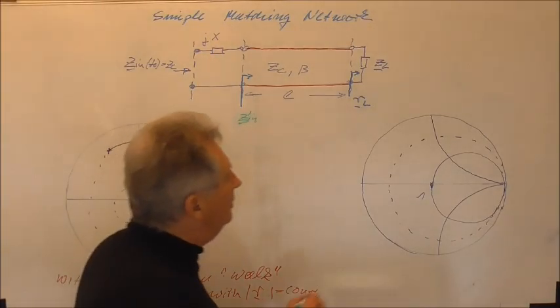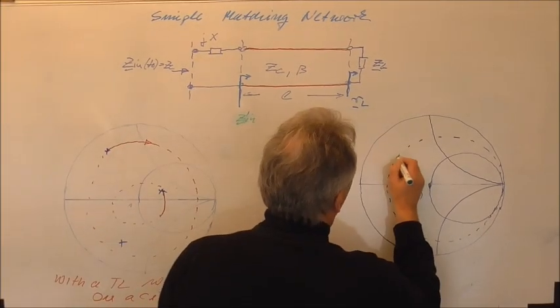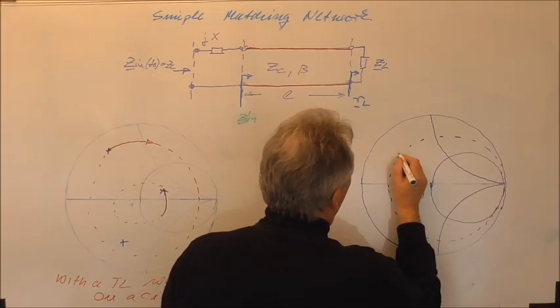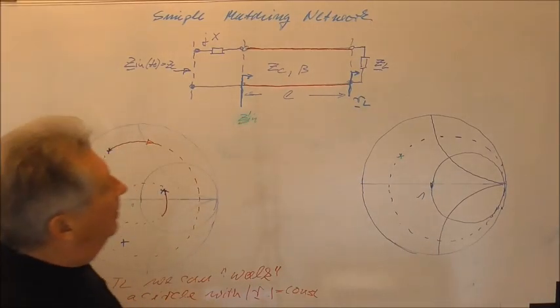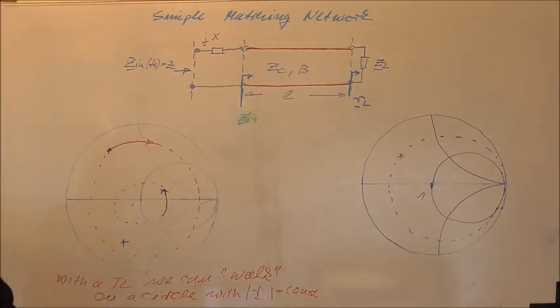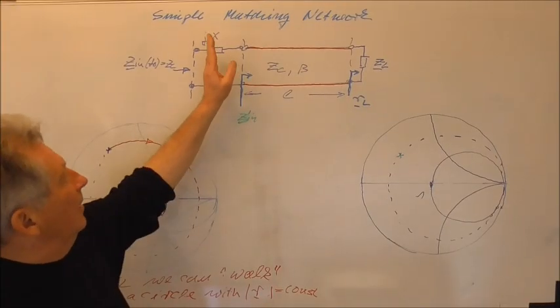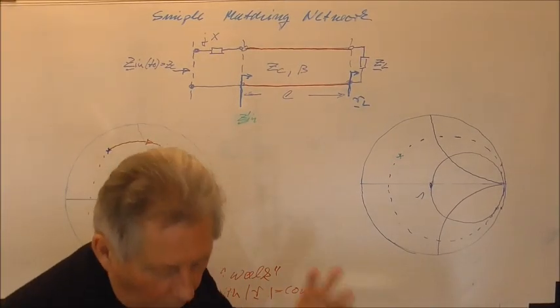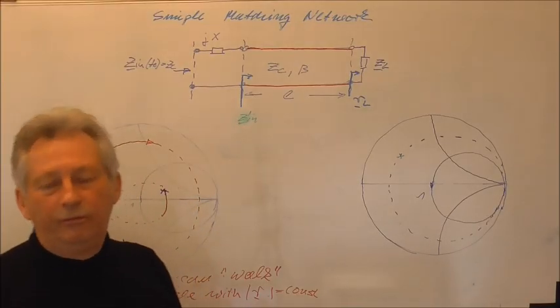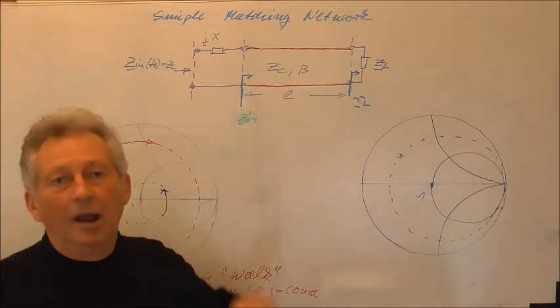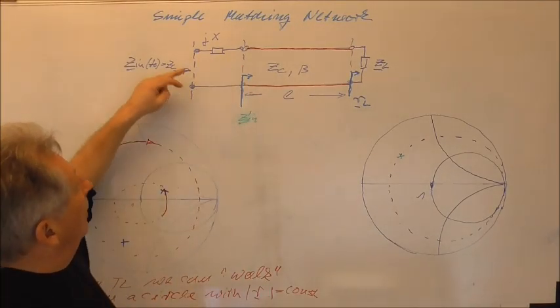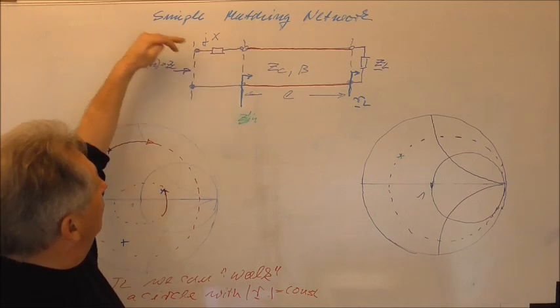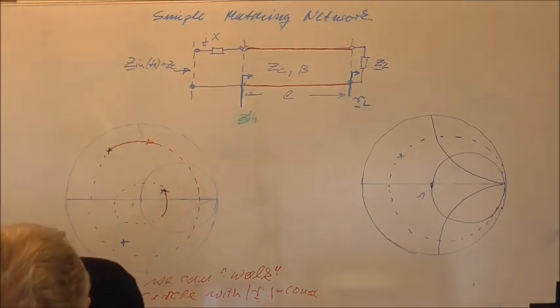For example, if this Z_in would lie on this real part circle, and I use an inductance, in which direction can I move by inserting a positive reactance?